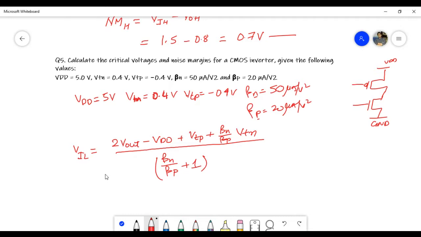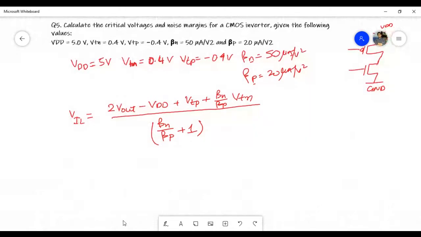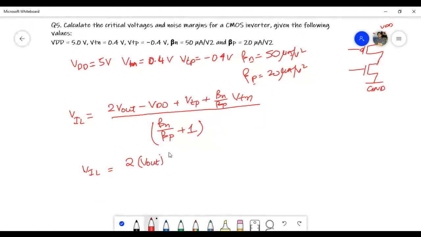So first we have to calculate V out here. To calculate V out, what is the given data we have? VIL is equal to 2 into V out. What is V out? We don't have V out. So let me write V out again here.